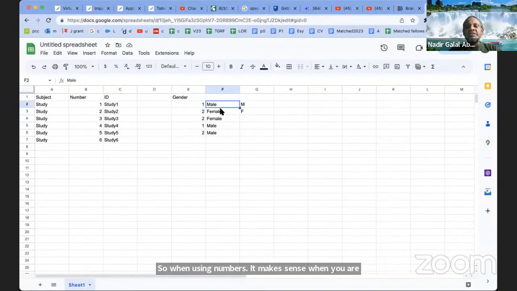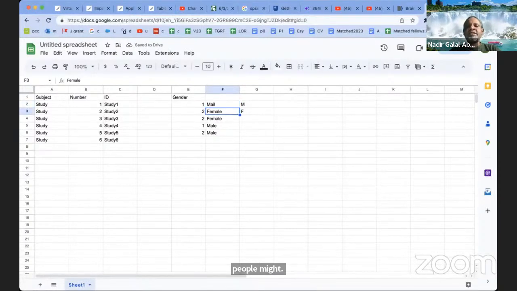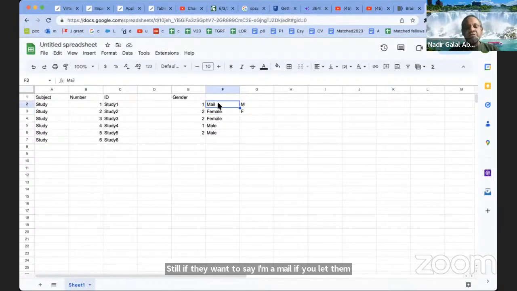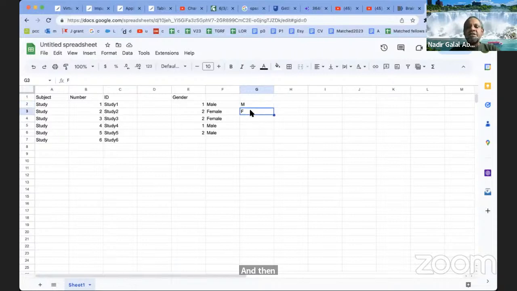If you are using text, some people might misspell if they want to say, I'm a male. If you let them type, it will have some spelling mistakes and so forth. If you give them the option of clicking, it's better as far as the data. And the shorter version is better to communicate and collect all the information faster.